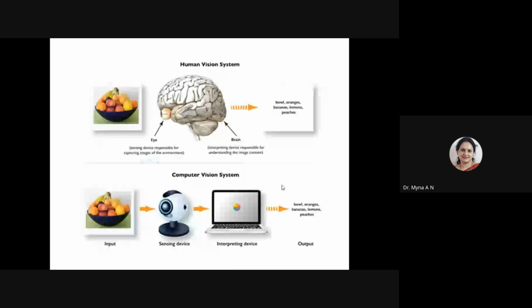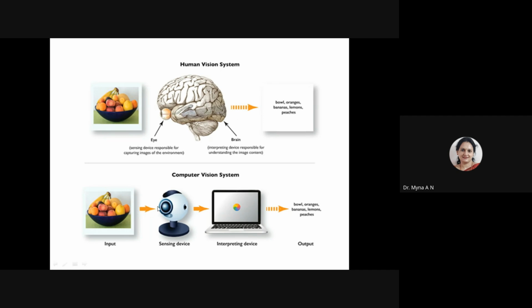Suppose a bowl of fruits is presented to us, then we see it through the eyes. These eyes are like cameras for us, and the brain processes the information. Then we recognize that there is a bowl, there are oranges, bananas, lemons, peaches, etc. A similar bowl is presented to a computer.